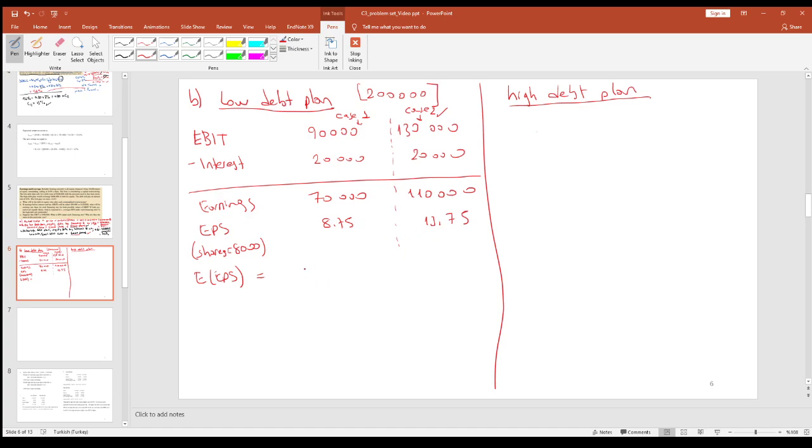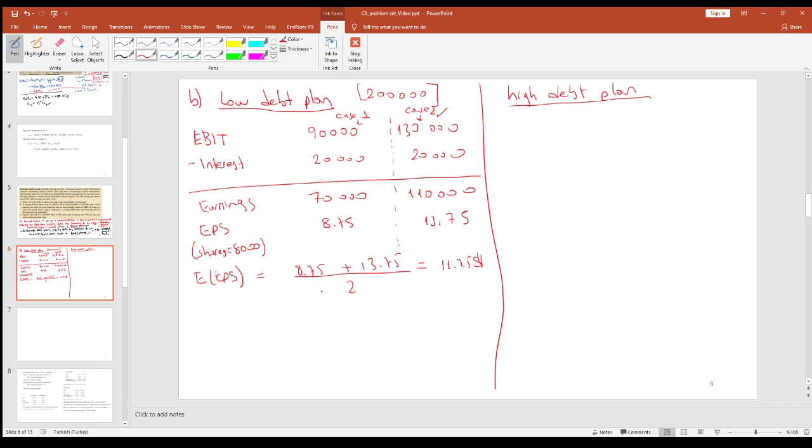So we can take the average of these two: $8.75 plus $13.75 divided by 2 will be equal to $11.25.